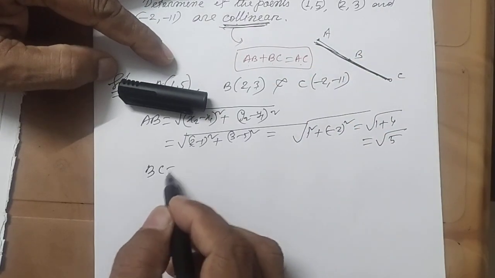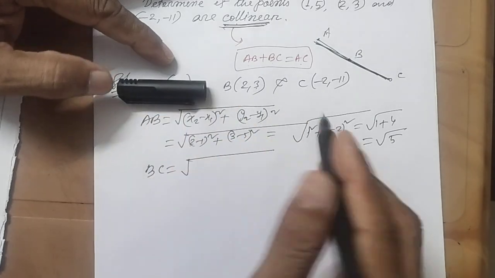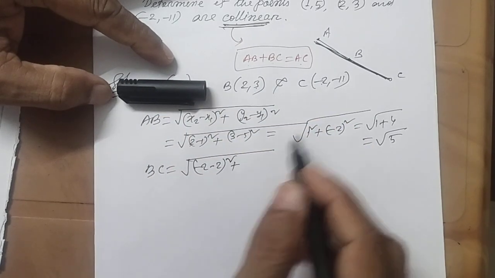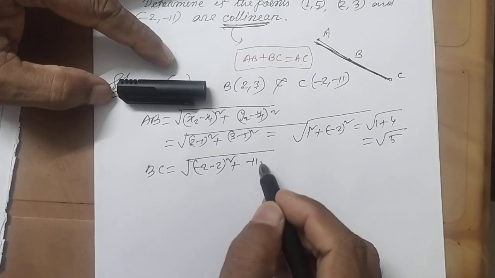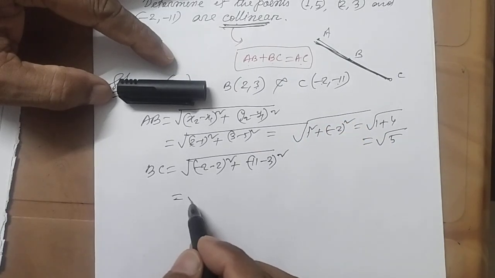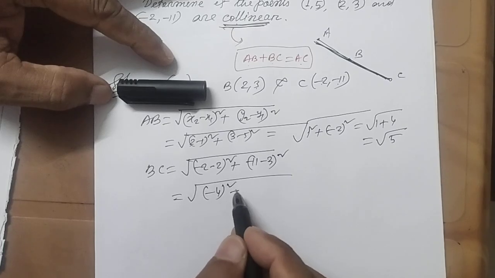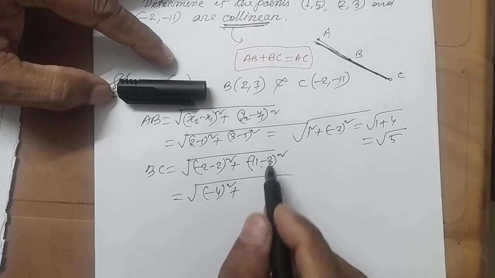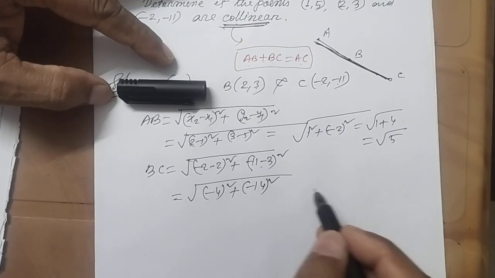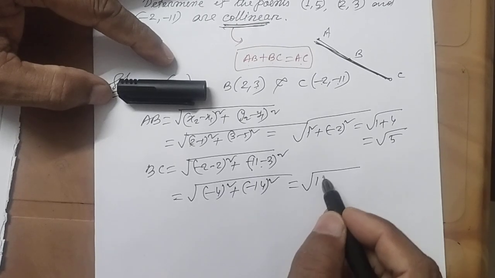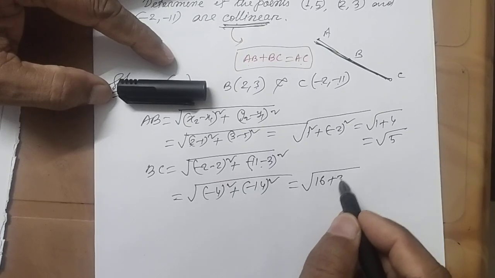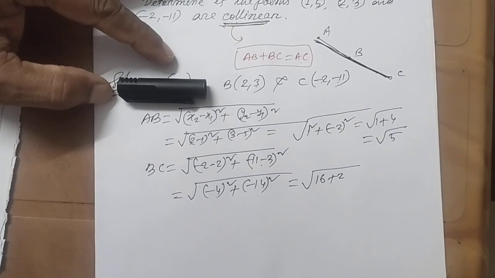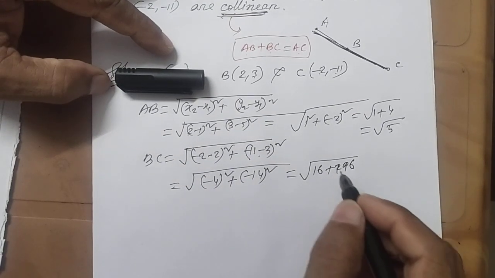Then I'll find out BC. From B to C I have to apply the same formula again. BC distance: (-2 minus 2) whole square plus (-11 minus 3) whole square. So I'll simplify: this is (-4) square plus (-14) square. 4 square is 16, 14 square is 14 into 14, 196.